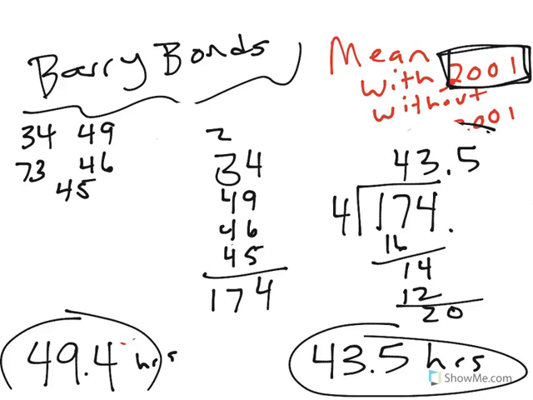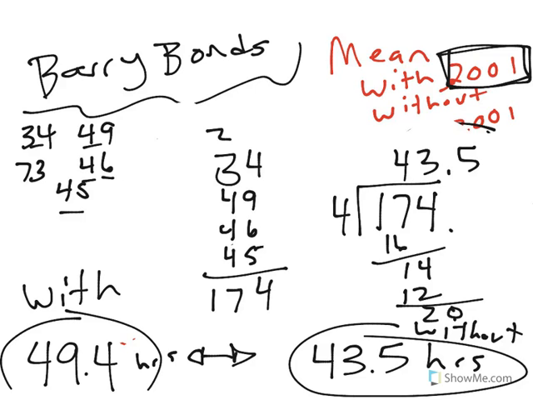So, with 2001, his average was 49.4. Without, it's 43.5. So let's look at those numbers: 45, 46, 34, 49, and 73. Which one is a better indicator?